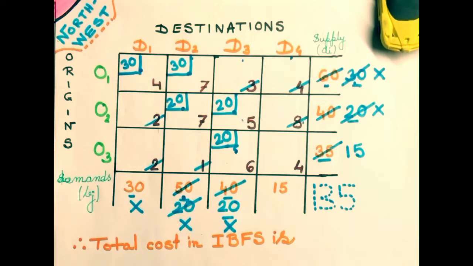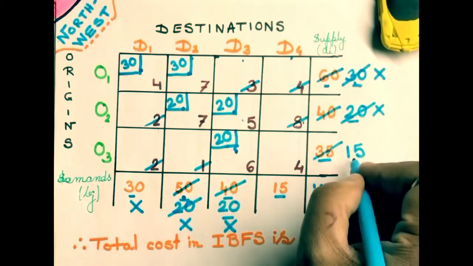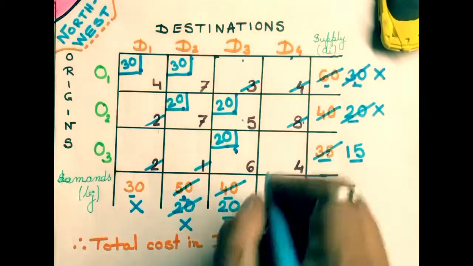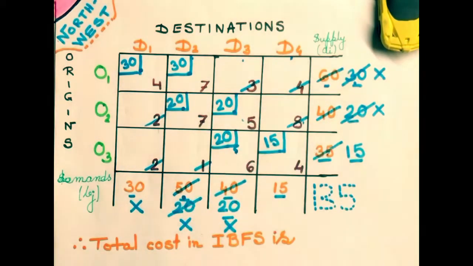You can observe that since the transportation problem is a balanced transportation problem, that is the total supply equal to 135 units is equal to total demand. Therefore, at the last, we are left with same demand and same supply that we have to allocate at the remaining cell only. You can remember that in case of a tie, you can discard both the row and the column and move diagonally.